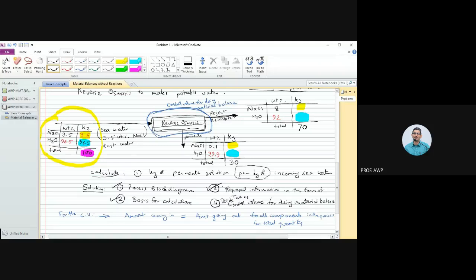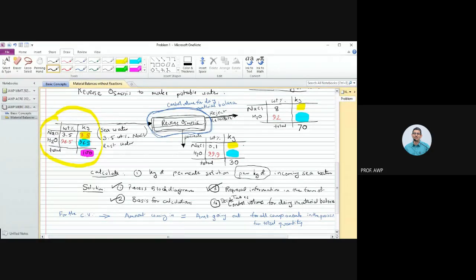Now, if it is 30 kgs of the... one second, let me just get my calculator out. Oops, where is my calculator? Okay, so 30 kgs of this stream is going out as permeate. 0.1% of that is sodium chloride.